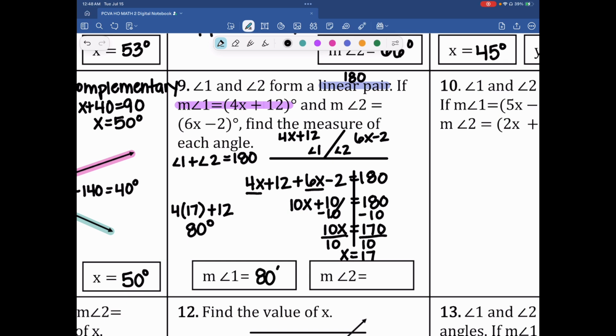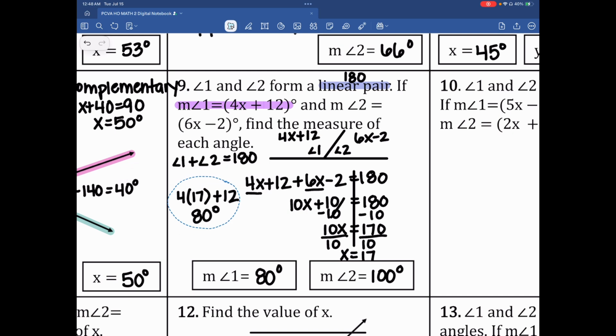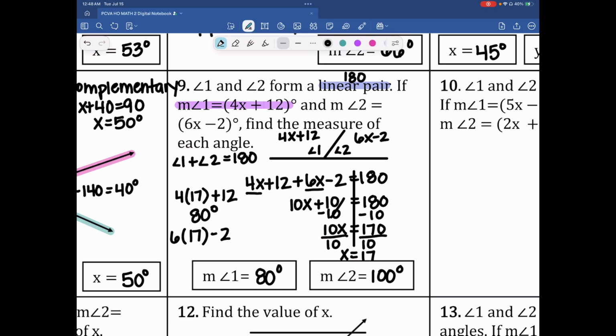So I know angle 1 is 80 degrees, but I also know that angle 1 and angle 2 are equal to 180. So I should be able to determine that the measure of angle 2 is 100. Or I can substitute 17 back into the original expression for angle 2. So I can say 6 times 17, that's going to be 102 minus 2, which again equals 100.